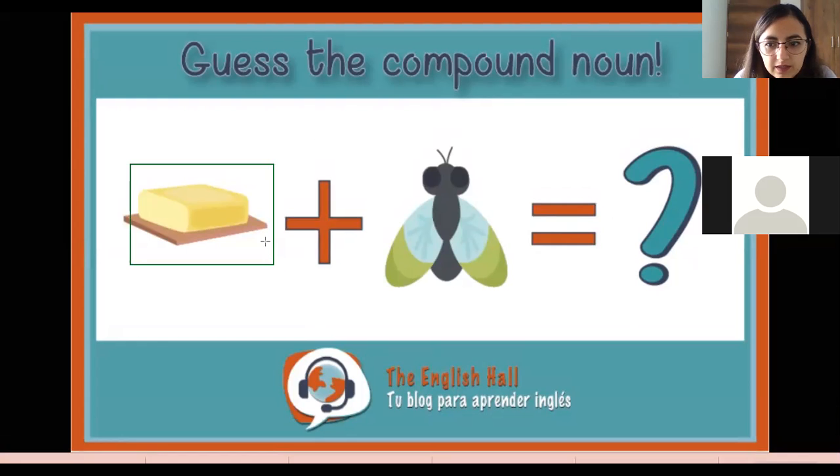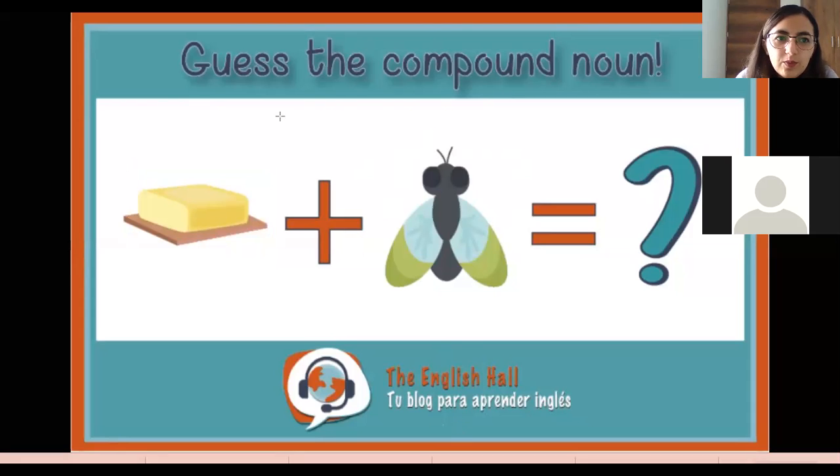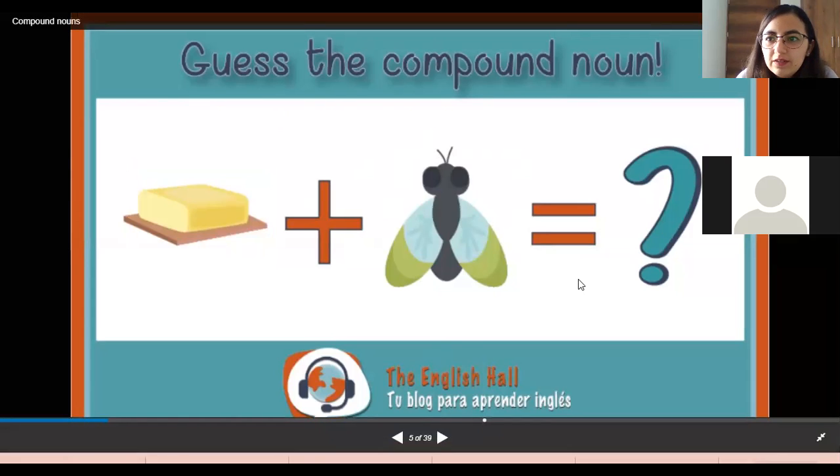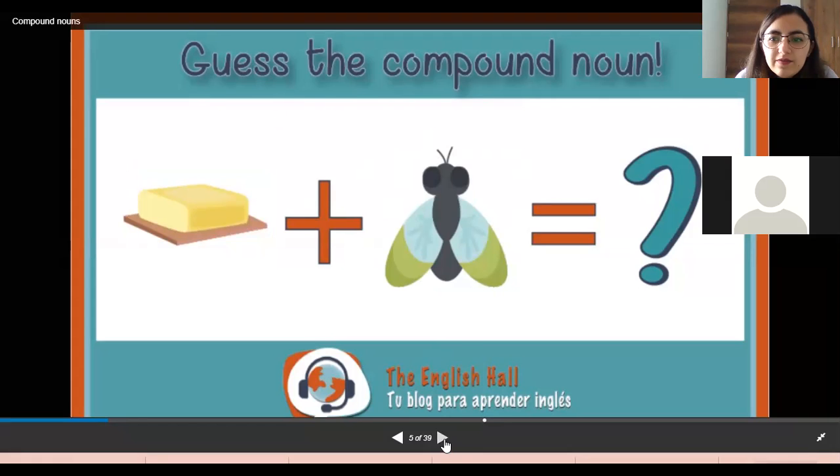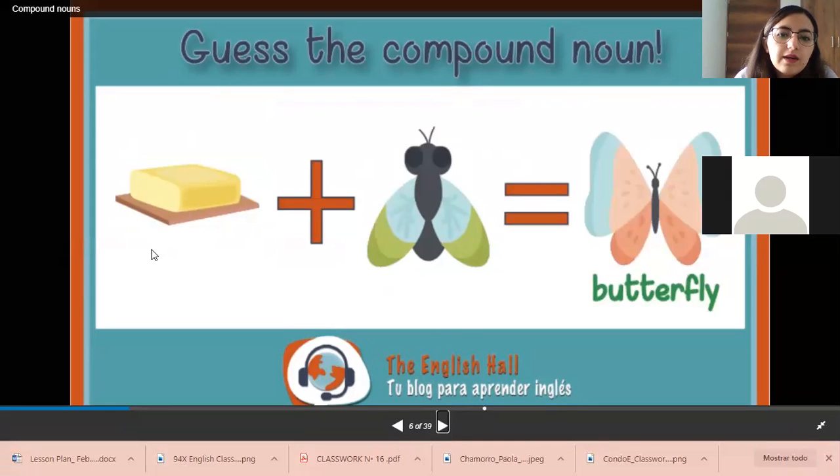Very good, Andres. Madeline. It's a butter, and we have this insect. And as a result, Madeline gave us the answer. Very good. So what we have here as a result is, look, a butterfly. Butter plus fly, we have a butterfly.